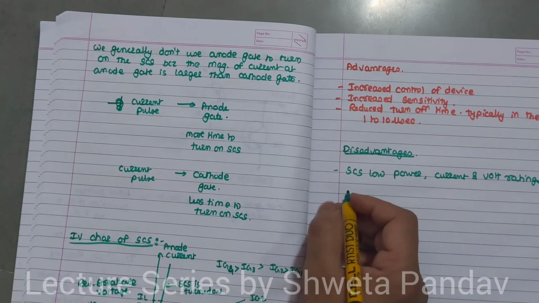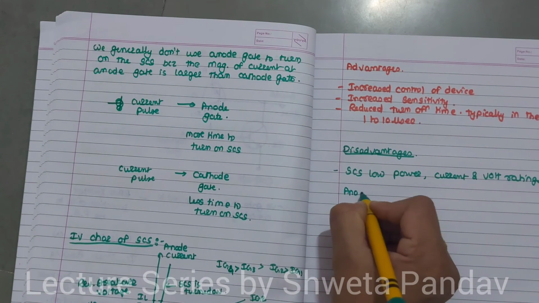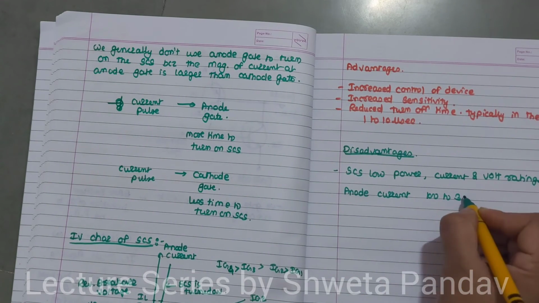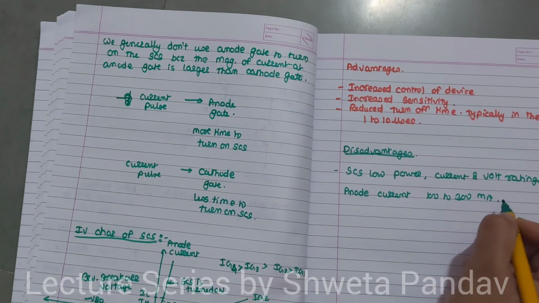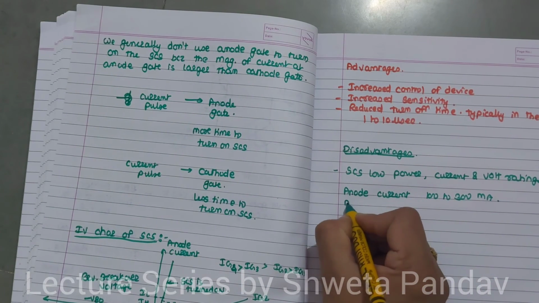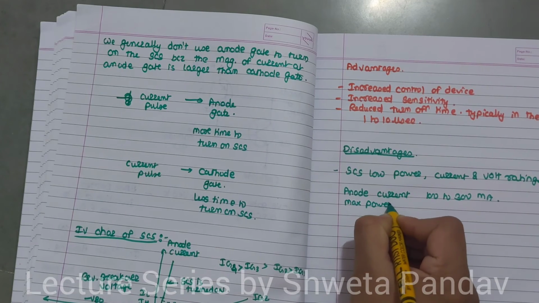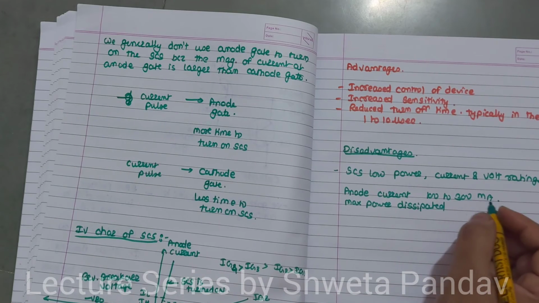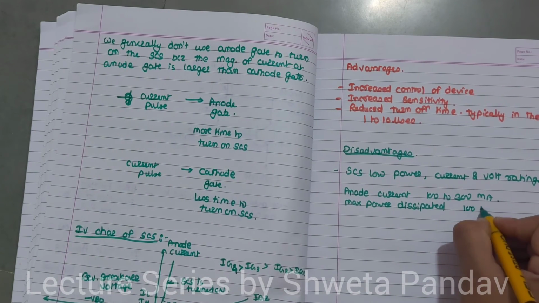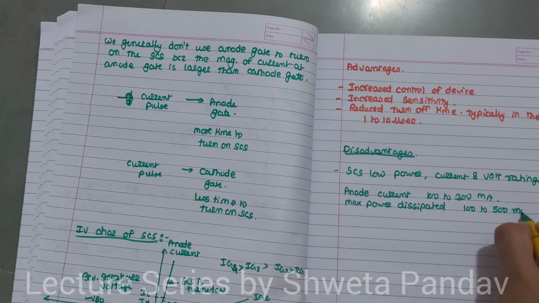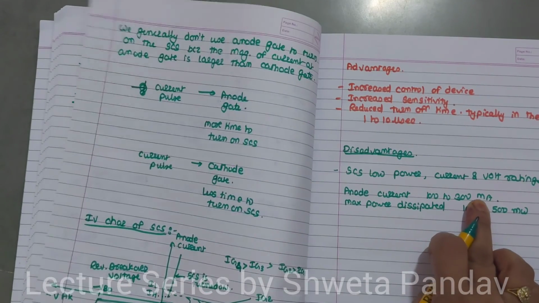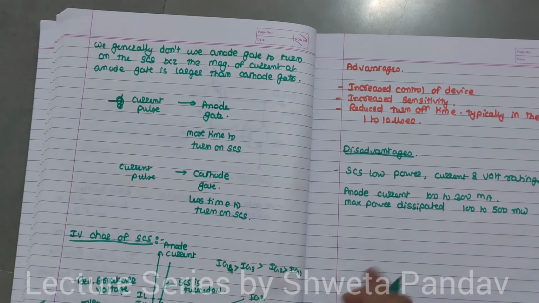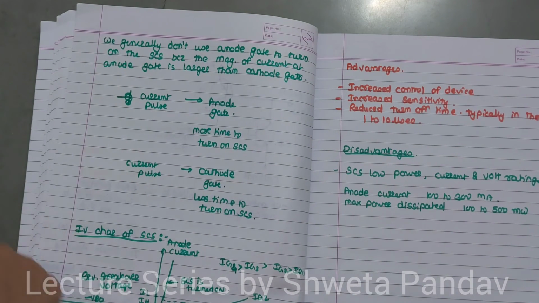The anode current ranges from 100 to 300 milliampere, and the maximum power dissipated in the device is 100 to 500 milliwatt. In terms of milliampere and milliwatt, the current rating and the power rating are very low with the SCS.